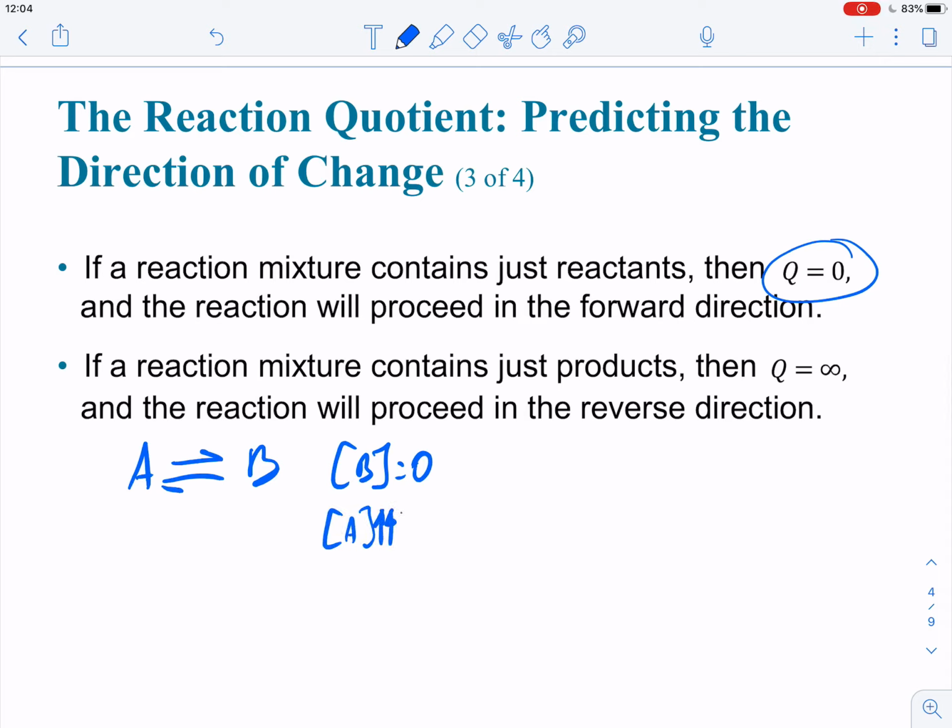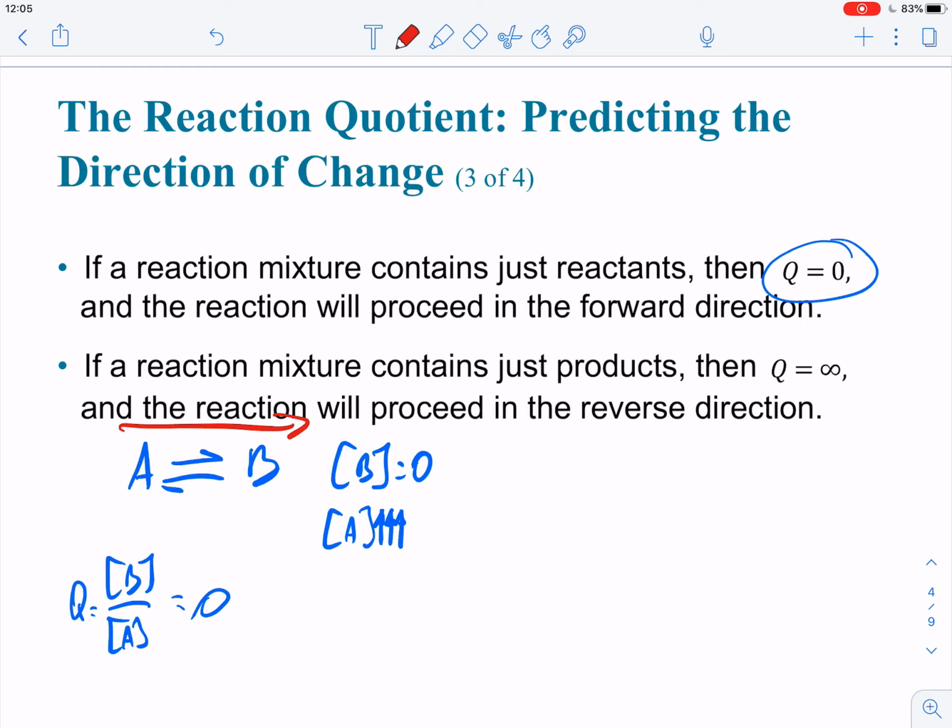So therefore, if you have Q equal to B over A, if B is 0, then this is 0, right? There is only one way to proceed here. If you don't have any of the products, the only way to go is producing products, right? So your reaction has to go in the forward direction, shifting to the right or favoring the products.